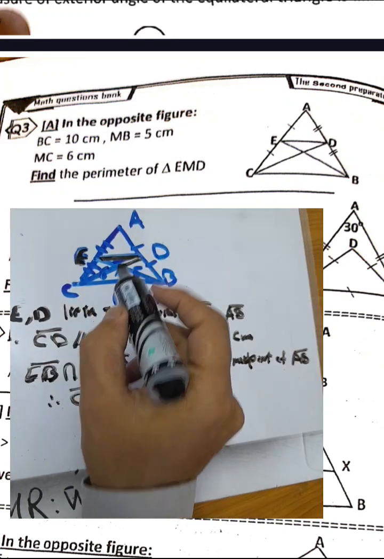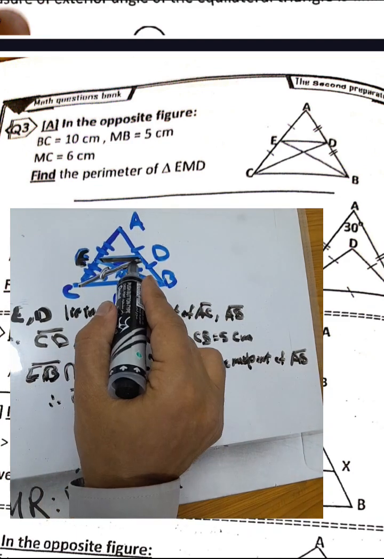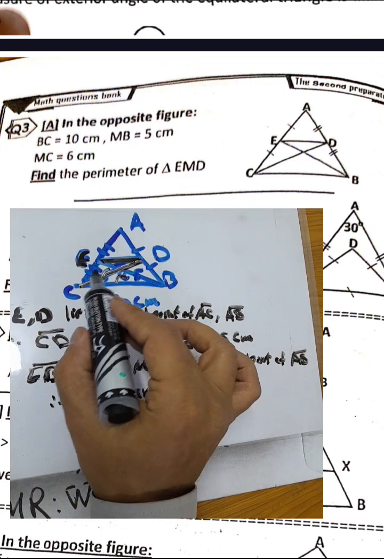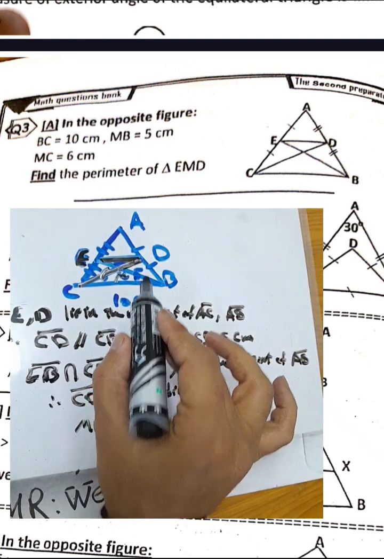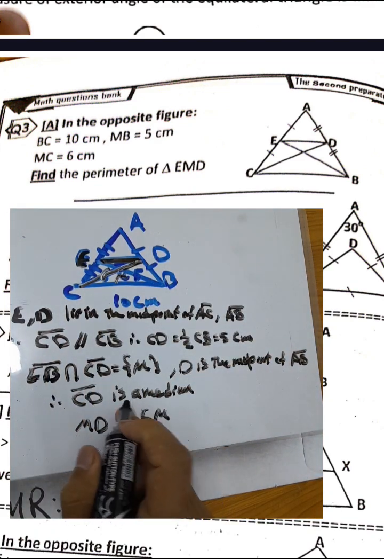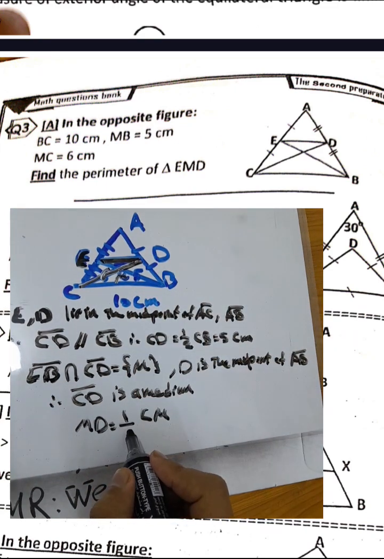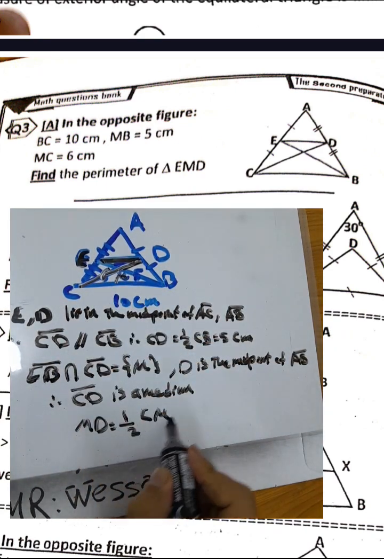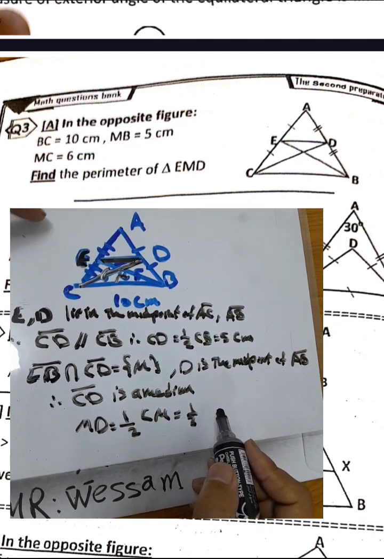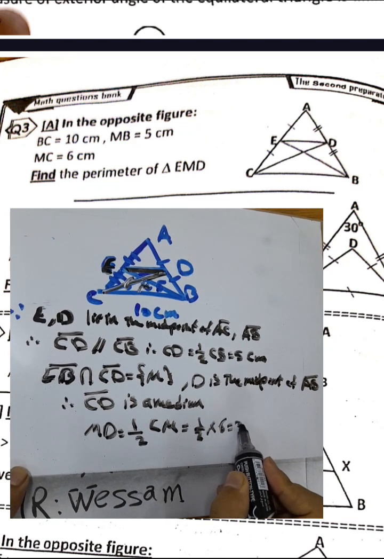Then the ratio between MD and CM: I want to find MD, and we have the ratio between them. MD is 1 part, and CM is 2 parts. Then MD will be half of CM. Half of CM will be half times 6, equal to 3 centimeters.